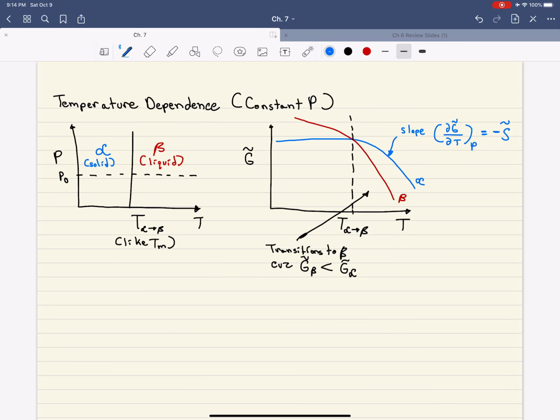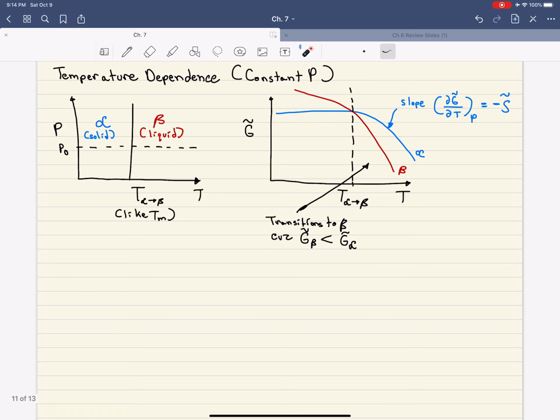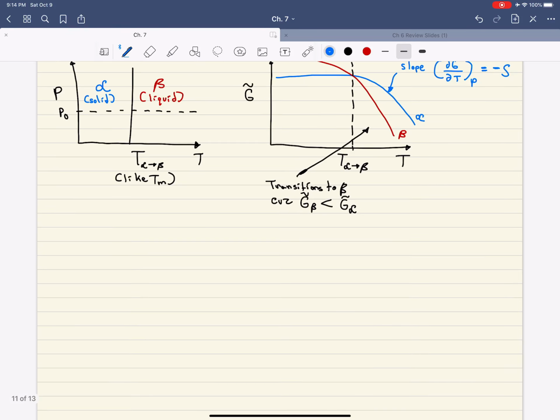Okay? All right, and so this is at least what's going on when we see the chemical go from the alpha to the beta phase. But to gain a little bit more insight about what's going on, what we could do is split up that molar Gibbs energy function into its enthalpic and entropic parts.